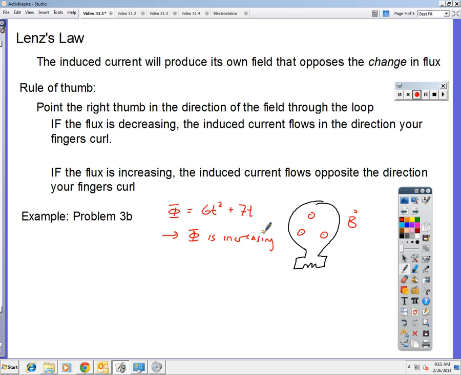That means we point our thumb out of the page along the field, and the fingers go counterclockwise. But since phi is increasing, the current flows opposite that, and it goes clockwise. That answers 3b, which wanted to know the direction of the current around the loop. So you've got Faraday's law, which says the induced EMF is equal to the rate of change of the flux, and you've got Lenz's law, which tells you how to get the direction of that induced current.